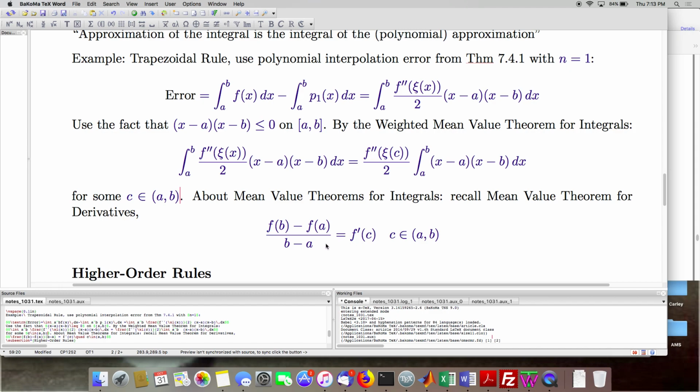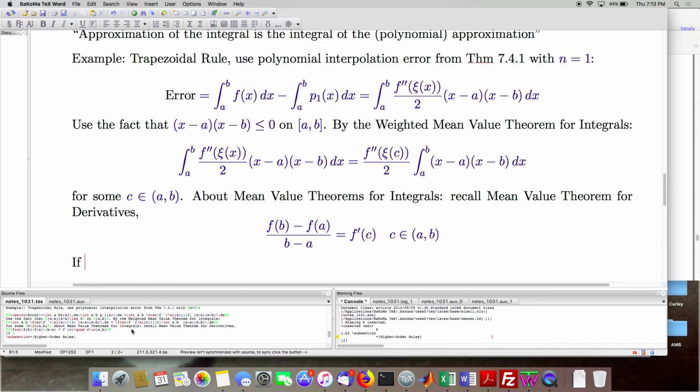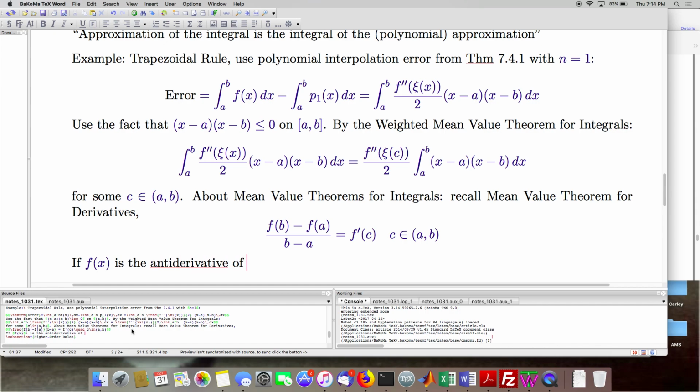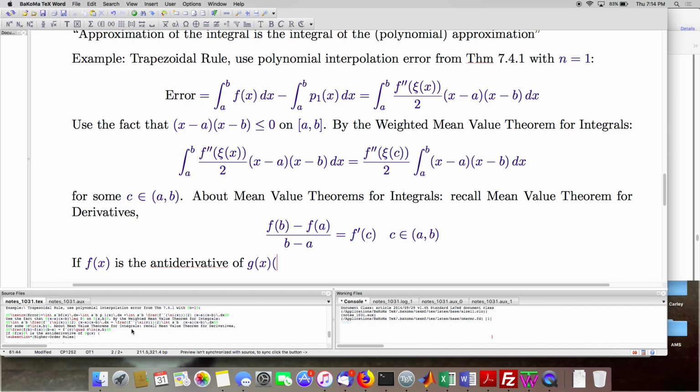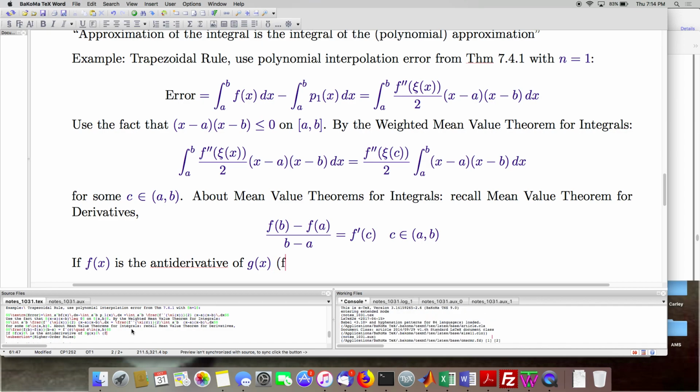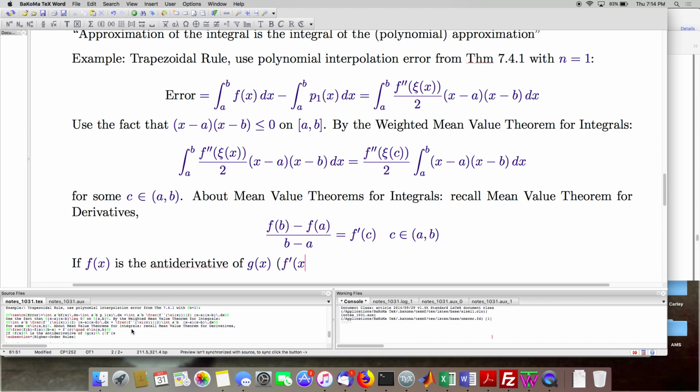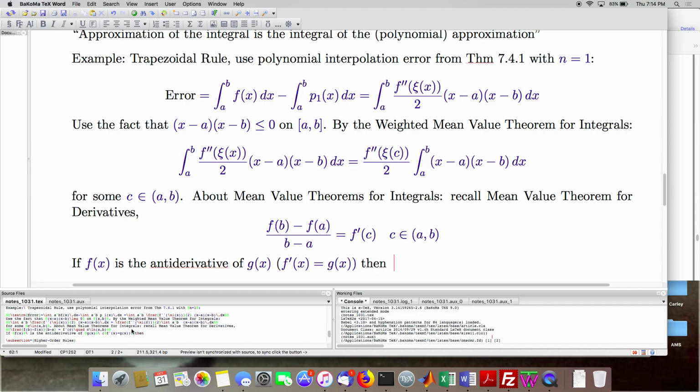Now, this is something that's taught in Cal 1, and we've seen it before in this class too. But if f of x is the antiderivative of g of x, which means that f prime of x equals g of x, then we have the following.